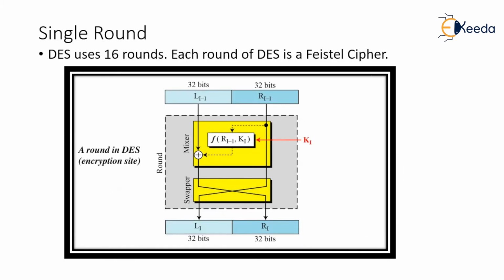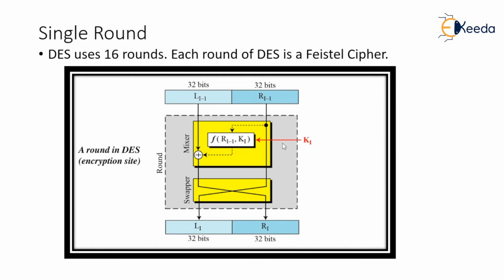So the complete DES algorithm uses 16 rounds. Each round of DES is a Feistel cipher, as I told you, it works on the principle of the Feistel cipher itself. You can see here the left half and right half undergoing the process of encryption, where they are mixed and then swapped, that is substituted, with the help of the function key.